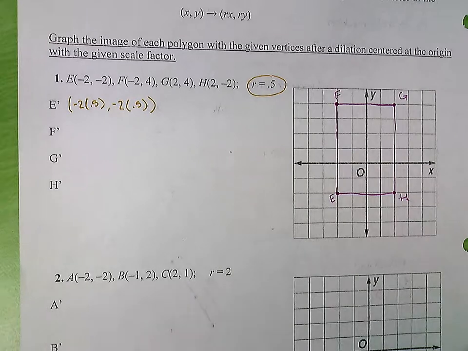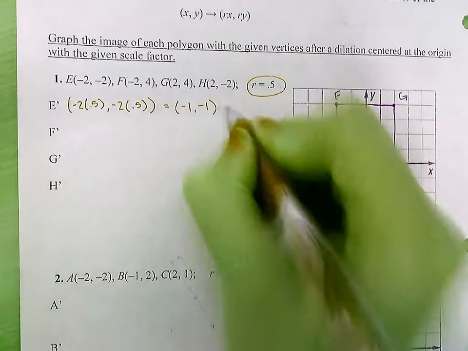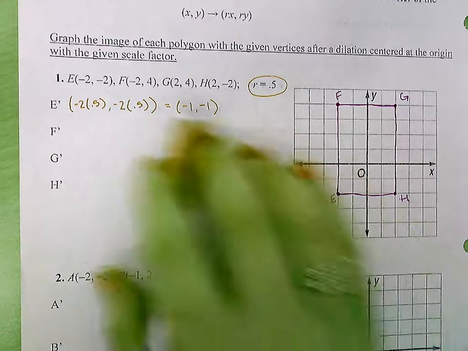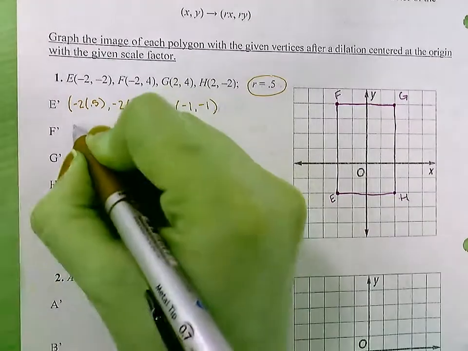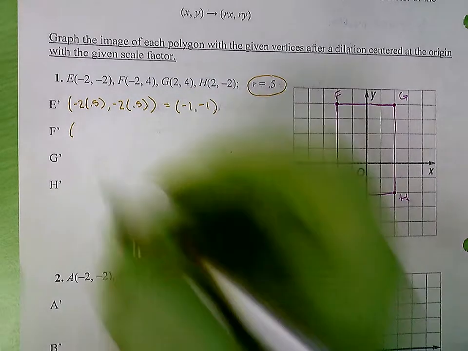Okay, so that new coordinate will be at -1, -1. Okay, same thing with point F. We'll multiply -2 by 0.5 and 4 by 0.5 to get a coordinate of -1, 2.